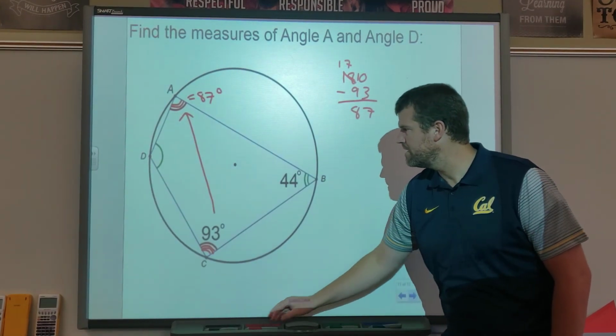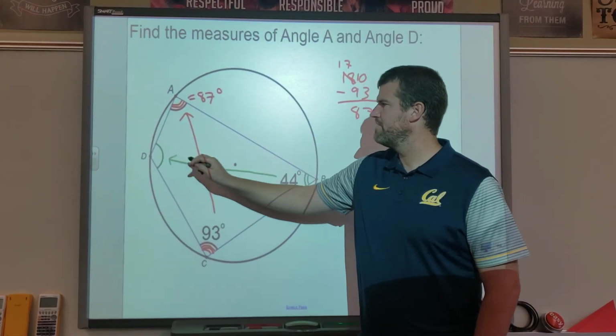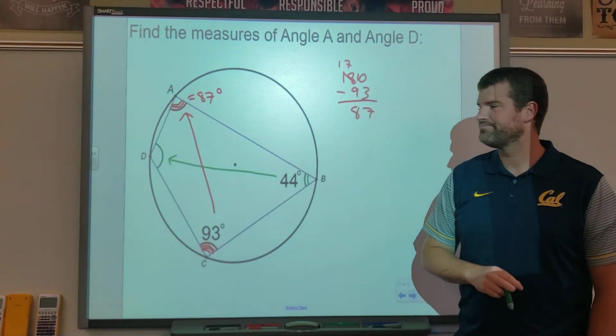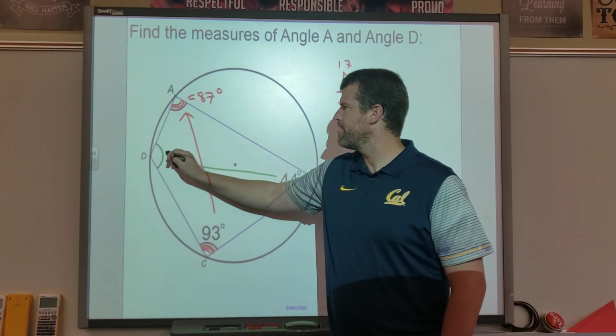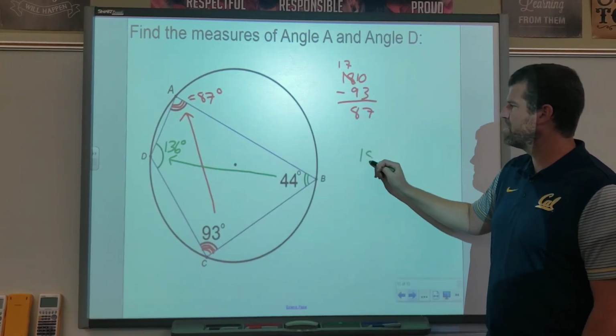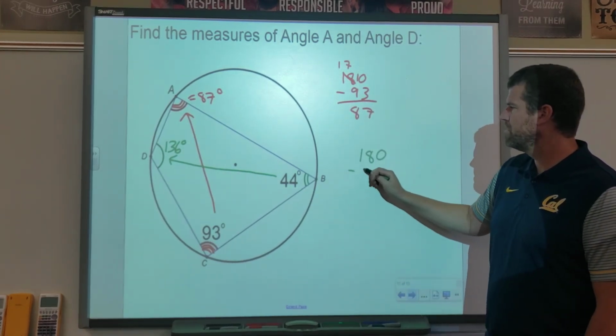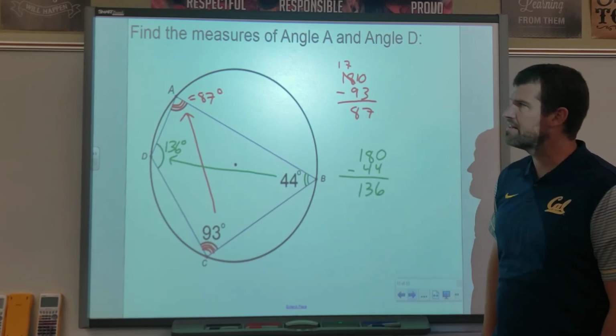And while we're at it, if this angle is 44, what is the measure of angle D? That's right, 136 degrees, because we know those opposite angles will be supplementary. So if we subtract 44, that gives us 136.